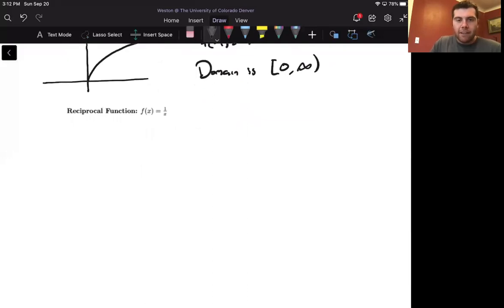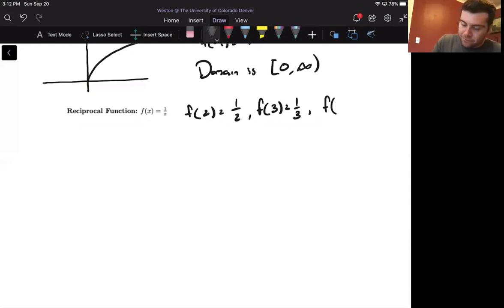And then we finally have the reciprocal function. Tells you that if you plug in a number, you're just going to do 1 over that number. So f of 2 is a half. F of 3 is a third. And if we're plugging in fractions, all we have to do is just flip them.